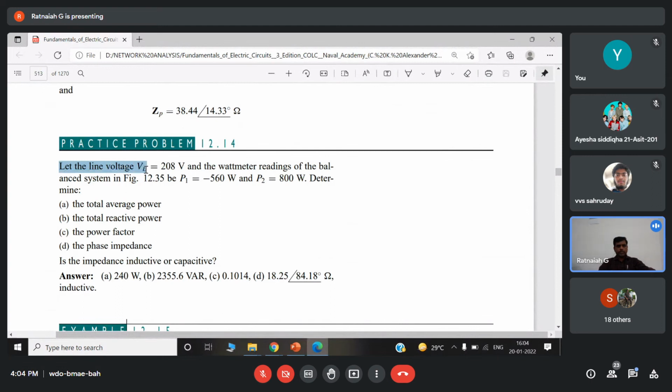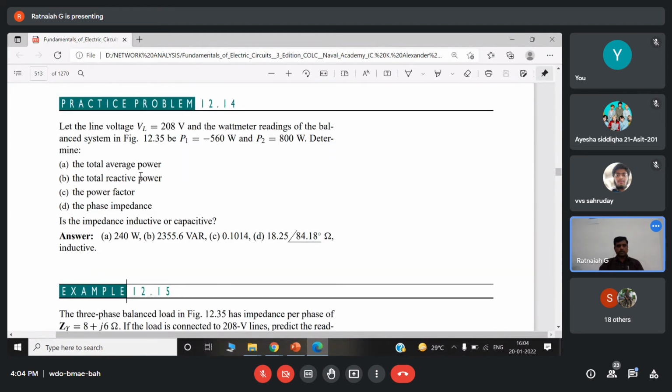Let the line voltage VL be equal to 208 volts, and the wattmeter readings of the balanced system, as shown in the figure, will be P1 equal to 560 watts with negative polarity. The next wattmeter reading is 800 watts.